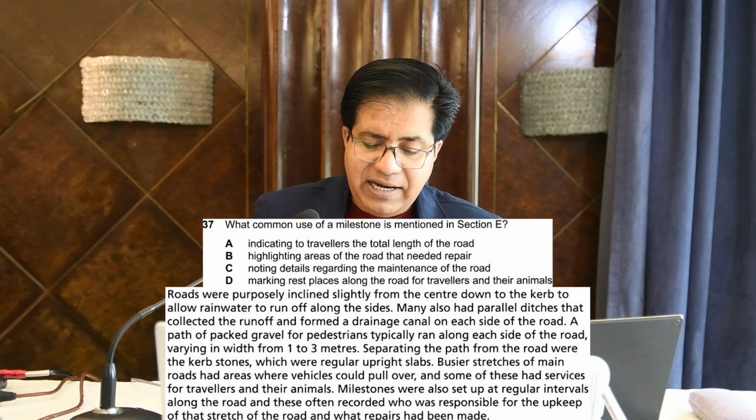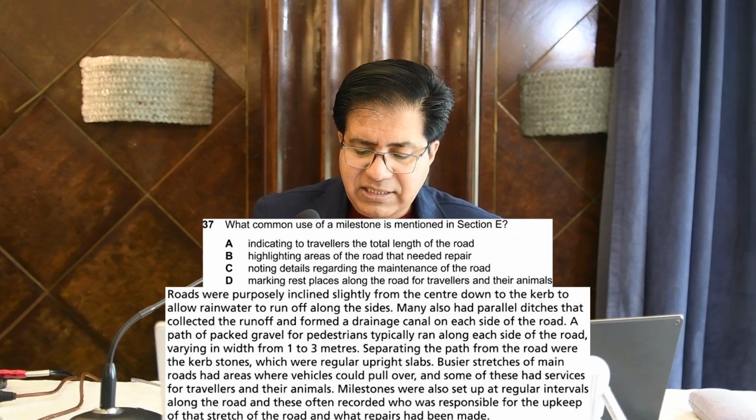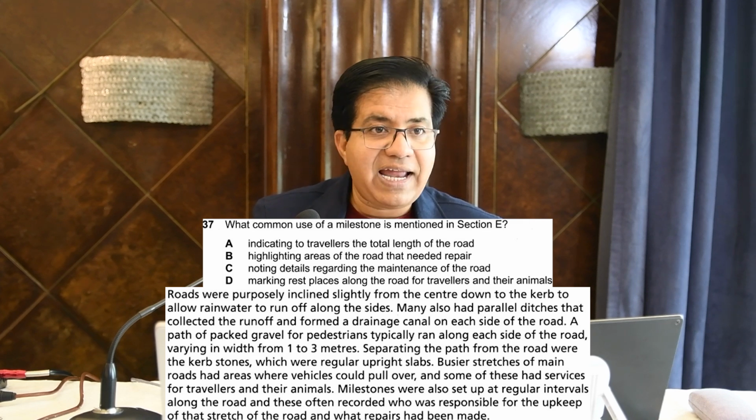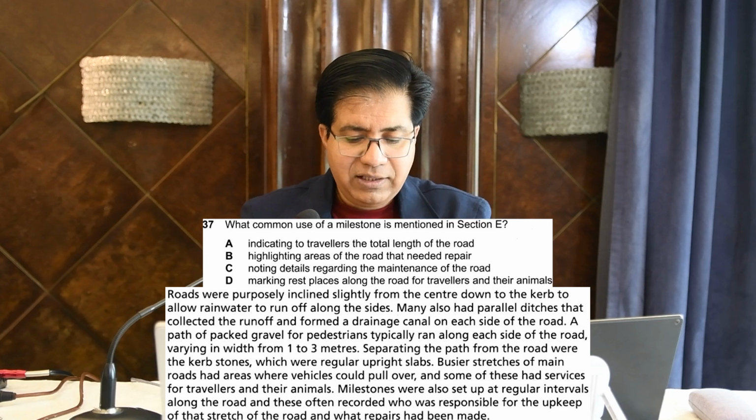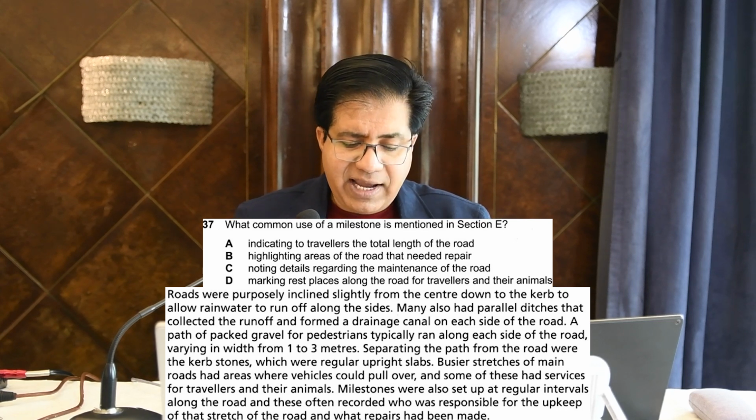C is the right answer. And D is marking rest places along the road for travelers and their animals. Rest places like lay-by areas on a motorway, they didn't mention that. Okay. So the correct answer for question number 37 is C. And you will write all your answers in the same order. 34B, 35D, 36A and 37C.